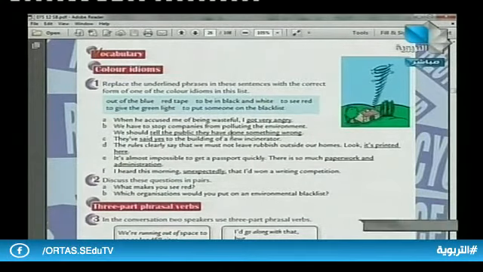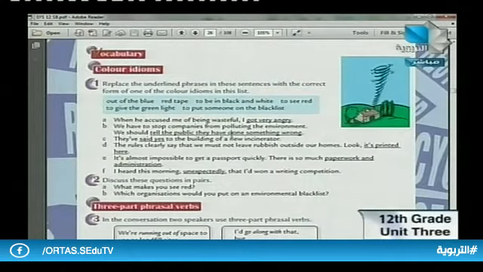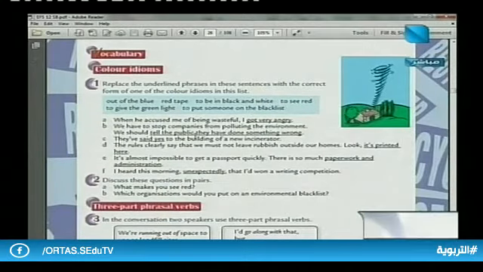So what can we say here? We should put them. Not "put someone," because here we are talking about companies in particular, not about people or one person. So we change "someone" into "them," because we know that they are companies and we refer to them as "them." So we say we should put them on the black list.